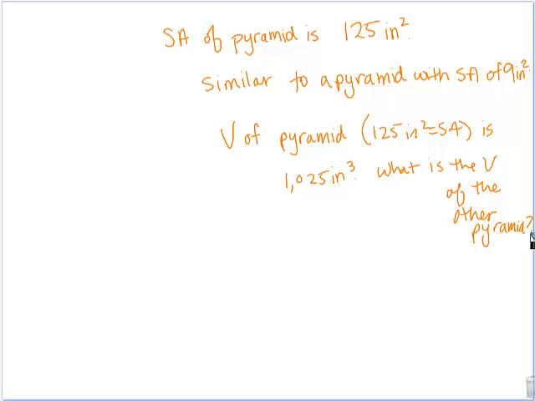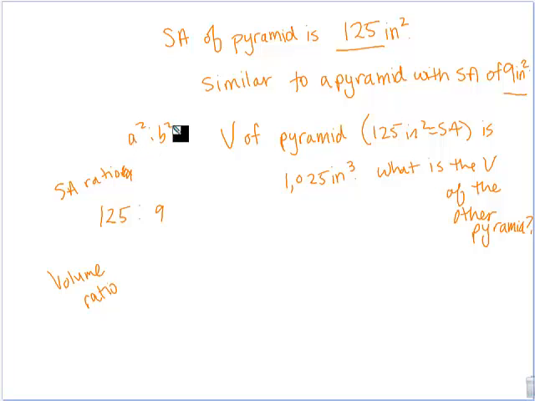Well, first off, the surface area ratio of the pyramids is 125 to 9. Well, to find my volume ratio, my surface area ratio came from a squared to b squared.